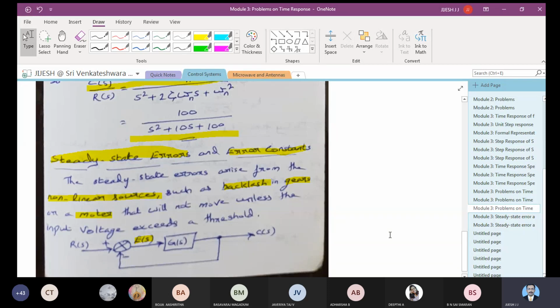We have completed this, we will move further. So write down this. It's an important topic: steady state error and error constants. So draw this figure. It's a negative feedback system.